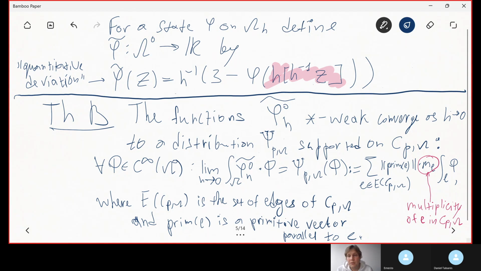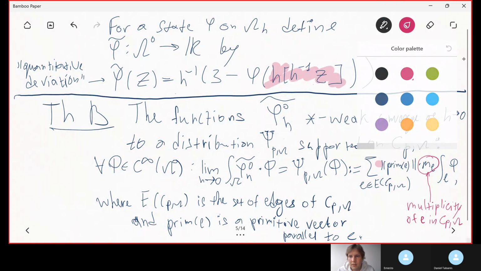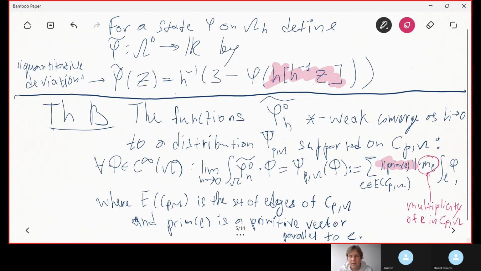So multiple edges would have multiplicities, and also there is this weight that we encountered before, this p of the E. Remember, we had this p squared plus q squared, when we were talking about symplectic area. So this is where it reappears. It reappears as the weight in the limit of these integrals over edges. And so that's theorem B.